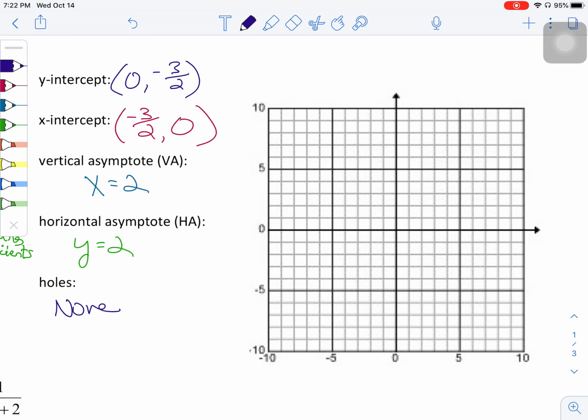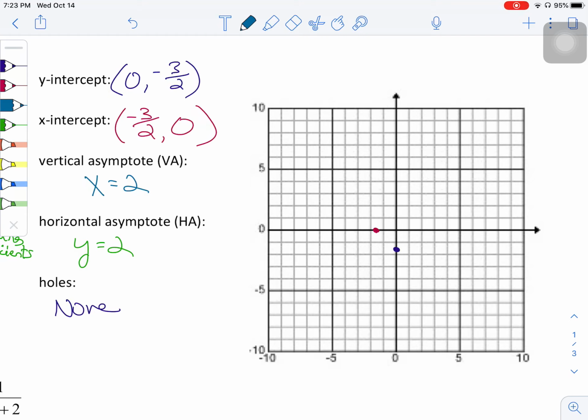All right, so I've got a y-intercept of (0, -3/2), so that's -1.5. I have an x-intercept of (-3/2, 0), so -1.5, 0. I have a vertical asymptote at x equals 2. To draw the vertical asymptote and the horizontal asymptote in, you want to use dotted lines because they're not actually part of your curve.